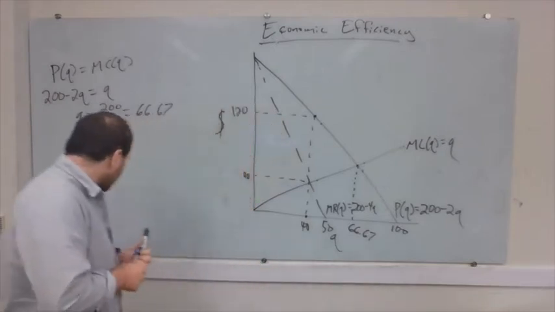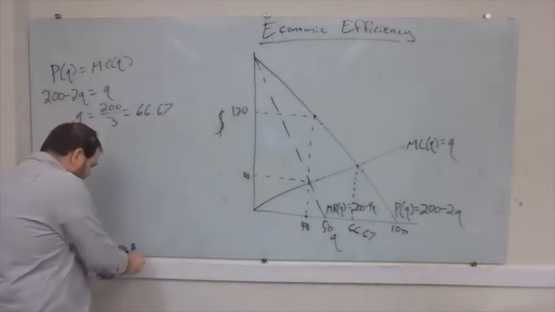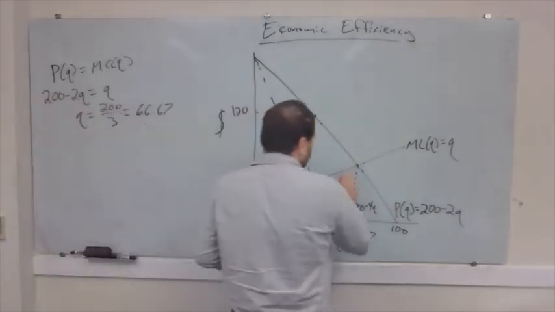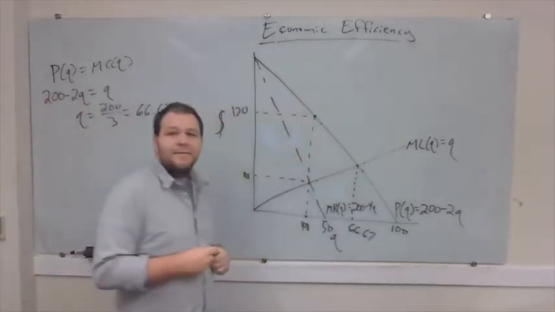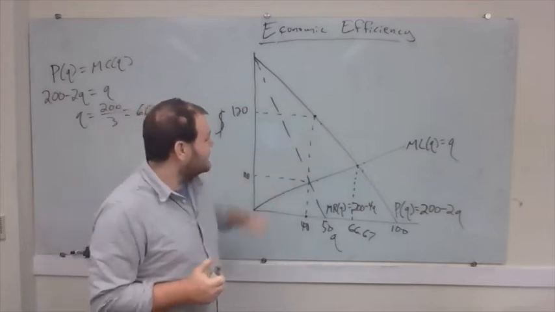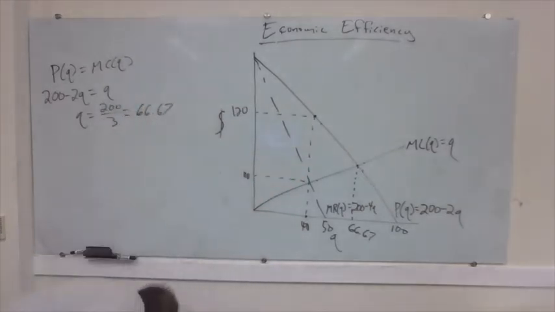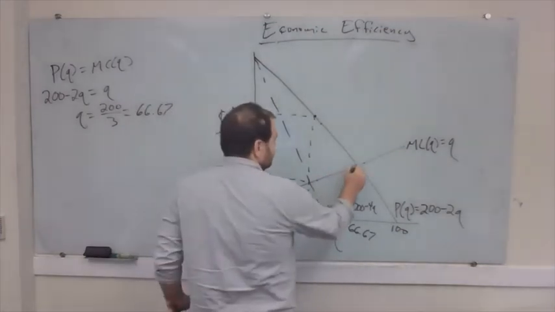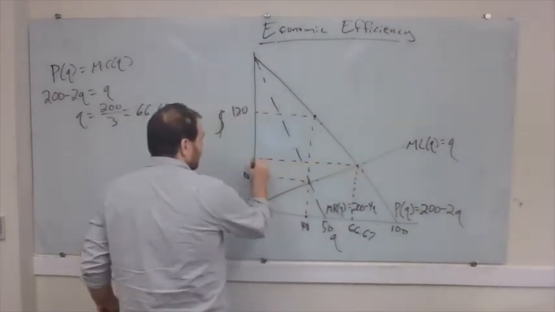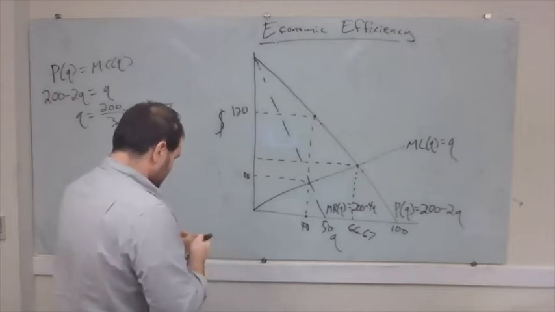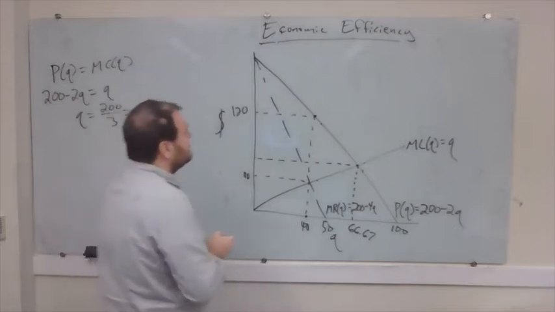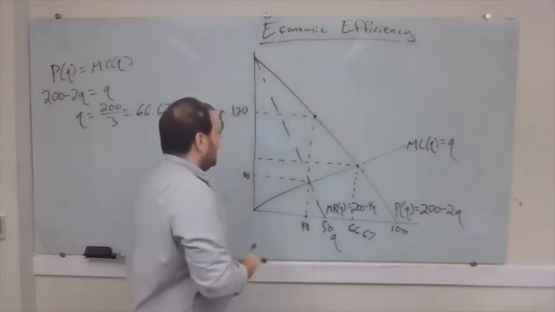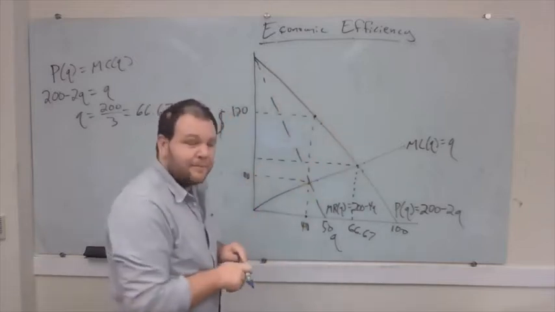Another way to think about this is to think about our producer and consumer surplus, right? Both if we produced where price equals marginal cost and where the firm is actually going to produce. So if we produce where price equals marginal cost, right, we produce right here. Consumer surplus is going to be the difference between the price consumers would pay for each unit and the price they actually have to pay, right?